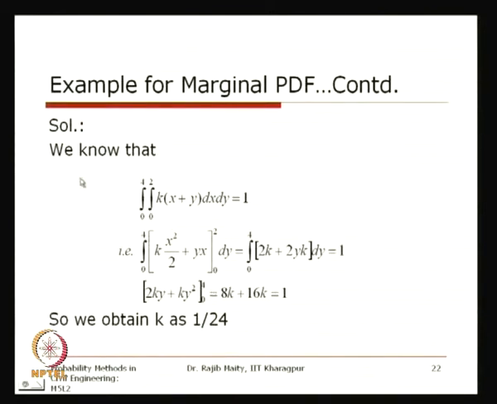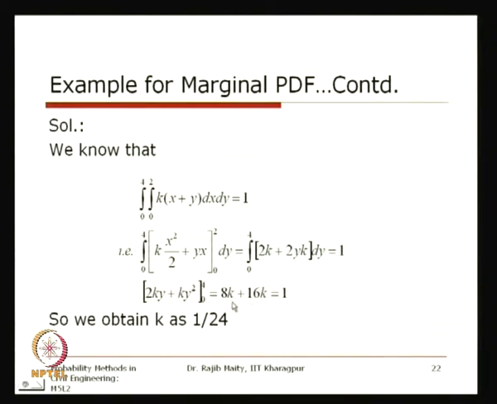So over the entire range, if we integrate over x and y, this should equal 1, and the integration from 0 to 4 gives k times (x squared by 2 plus yx), taken from 0 to 2, and if we go with this, we will get this equal to 1.